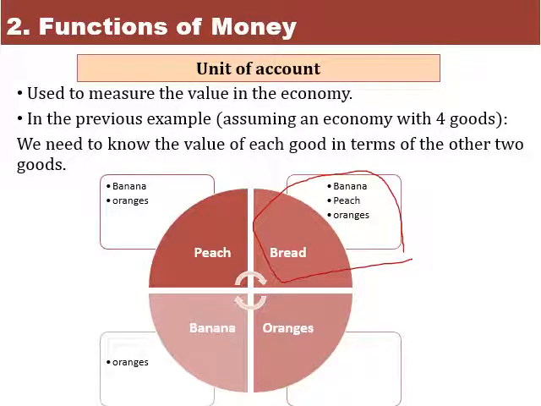Now, after knowing the price of bread in terms of the other three commodities, we don't know the price of peaches in terms of the other commodities, so here we need to know the price of peaches in terms of banana and orange.